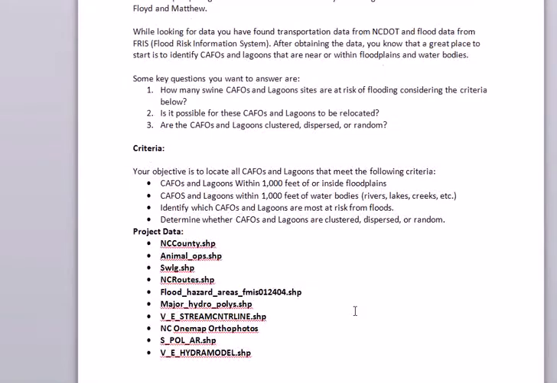My criteria for that one question was to find CAFOs and lagoons within 1,000 feet of or inside floodplains, and CAFOs and lagoons within 1,000 feet of water bodies, which include rivers, lakes, and creeks. Then, after I create the series of buffers, I will intersect these features and determine how many of these CAFOs and lagoons are at risk during major flooding events based on this criteria.